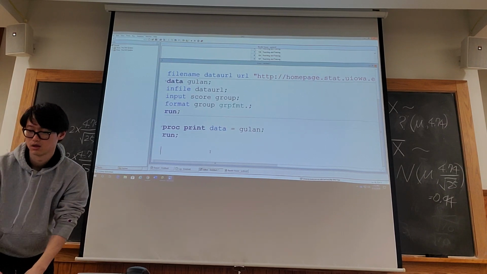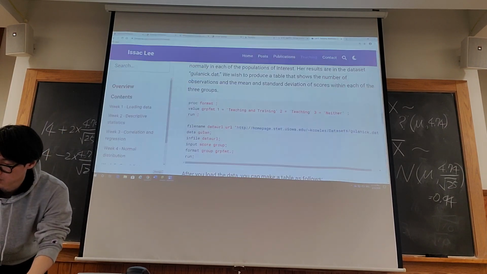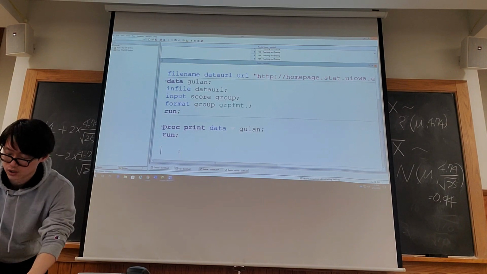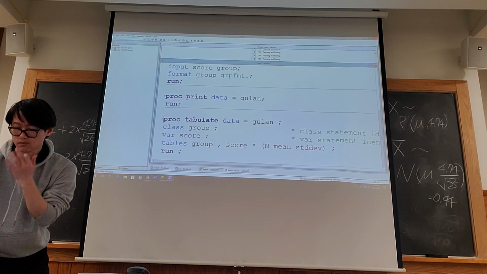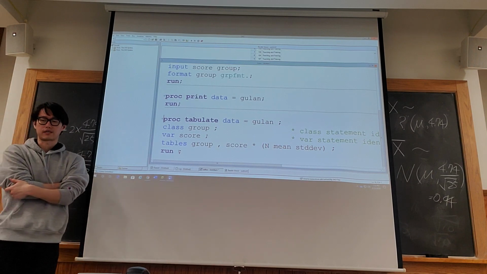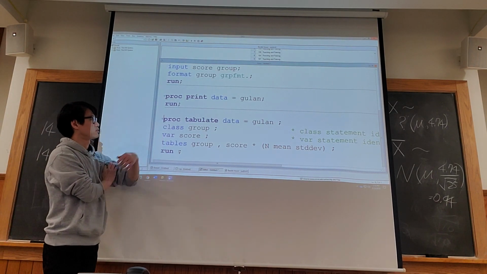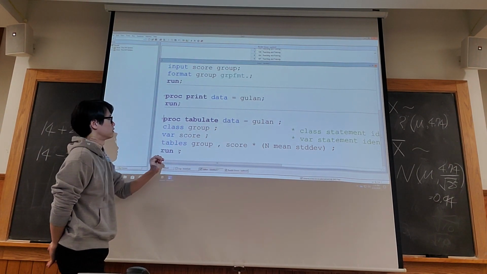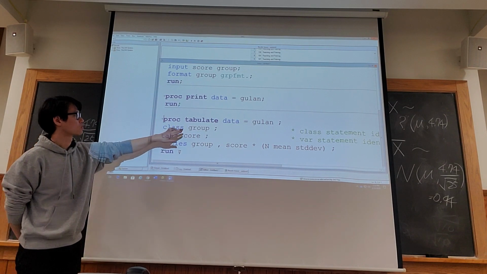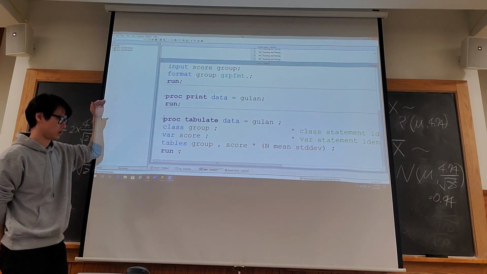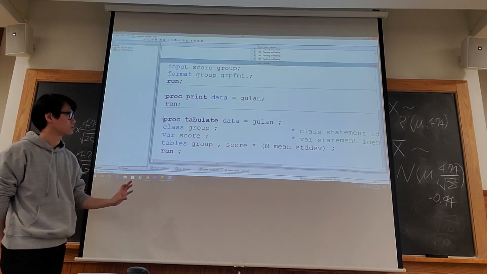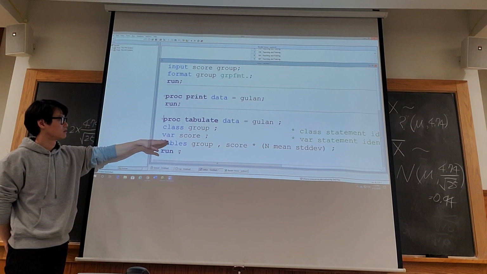And now what I want to do is calculate some statistics per group. I can do it using the proc tabulate procedure. In proc tabulate, I'm going to use the data and declare group as my class, which is the left-hand side of the result, and then the variable.